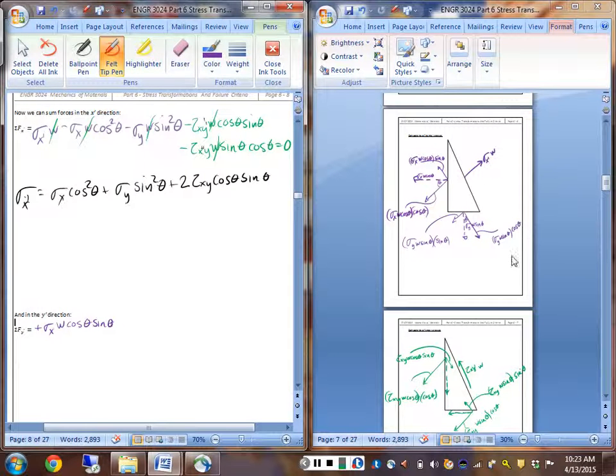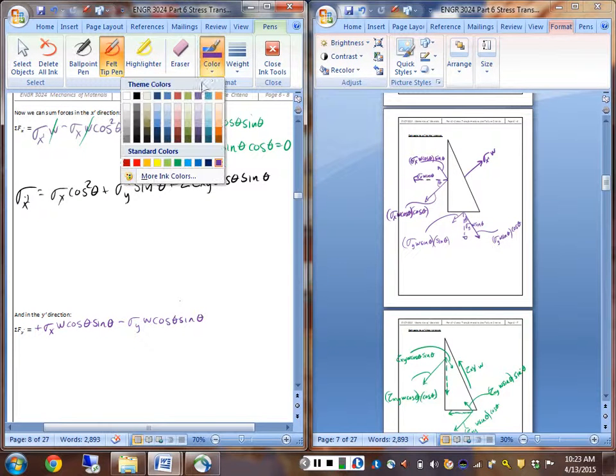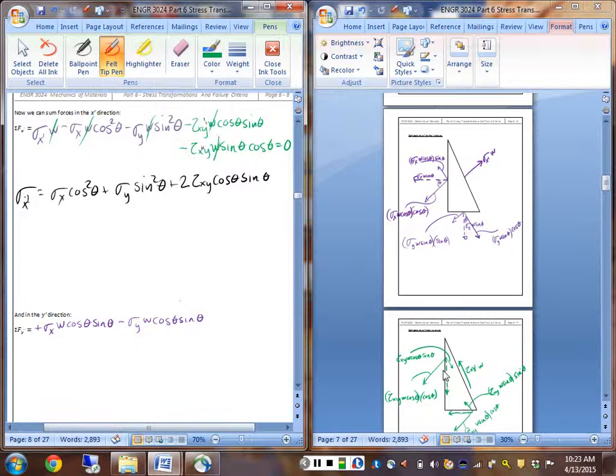And then we've got this guy minus sigma y w cos theta sine theta. Is that all that's going on in the y prime direction on this guy? Yep. All right, now we got stuff off the shear.